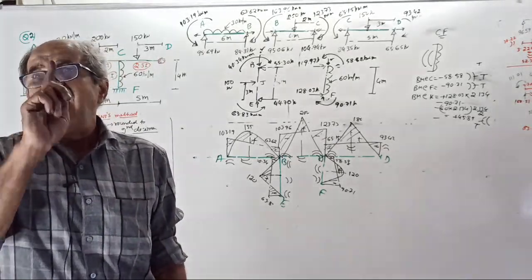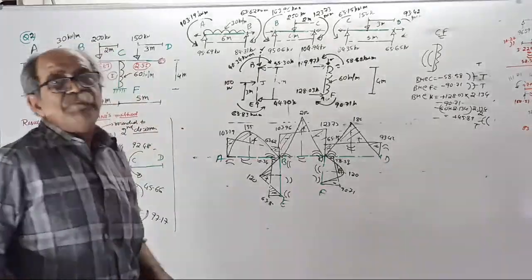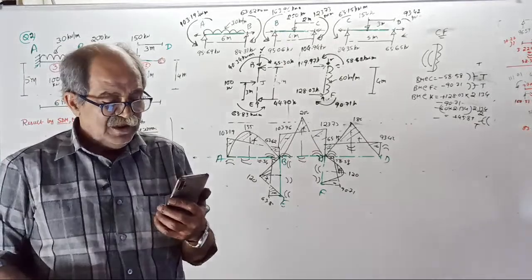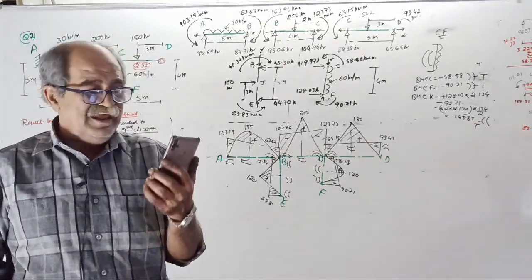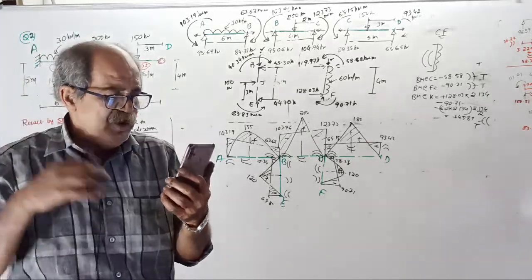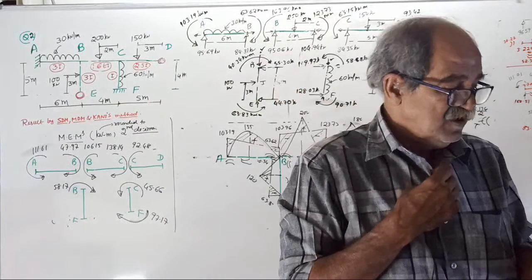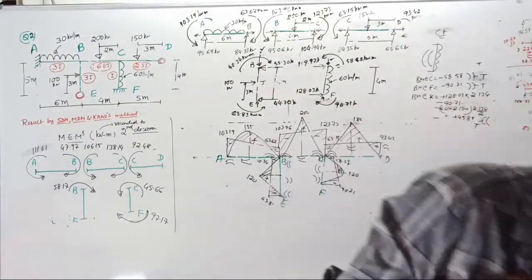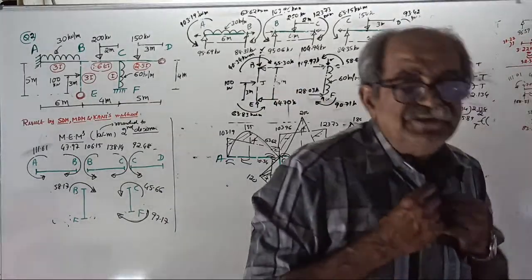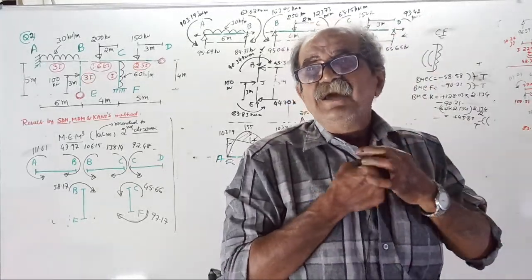Remember, are you sure that by those methods the same answer will come? Those who are attending the class regularly, are you 100% sure? Ditto the same value will come. End moment will not change. Yes, it is guaranteed. It is impossible that a different value will come.